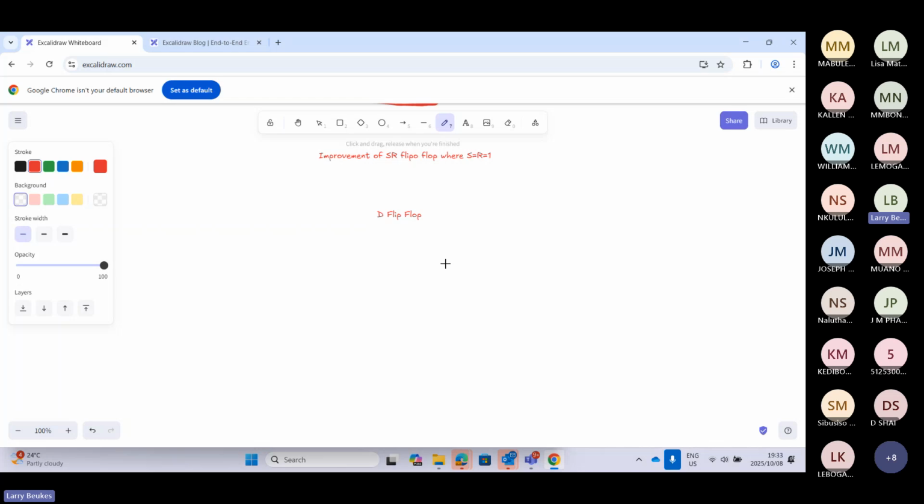So let's draw it with the NAND gates. So these are NAND gates, but we know now we are drawing the latch for the fifth time, right? So this is basically our SR latch.